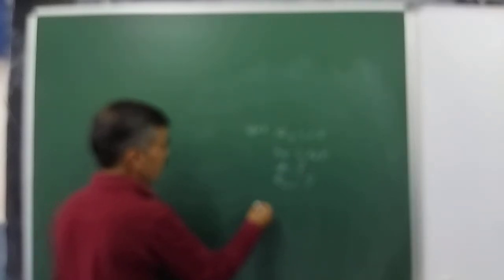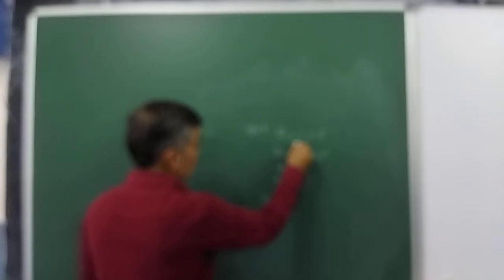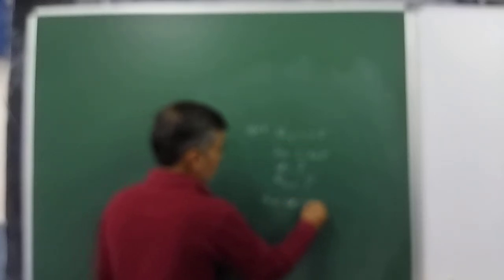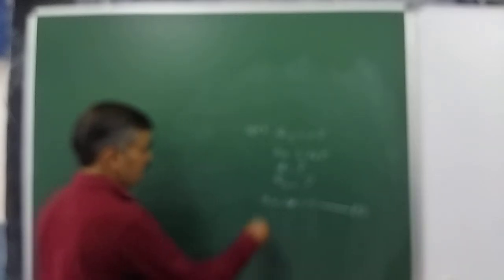So A3 means a plus 2d is equal to 15. You can give it number 1.